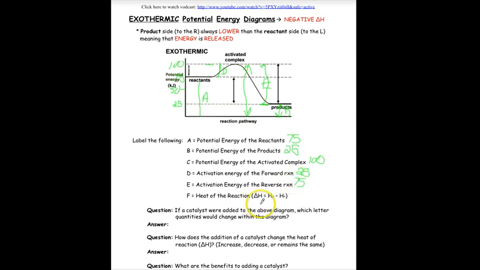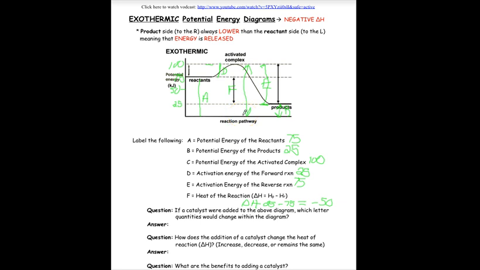And delta H is the heat of the products, which in this case is 25, minus the heat of the reactants, which is 75. You notice you're going to get a negative value. So delta H is negative 50 kilojoules. That is F, is this section here. It's negative because it is exothermic.